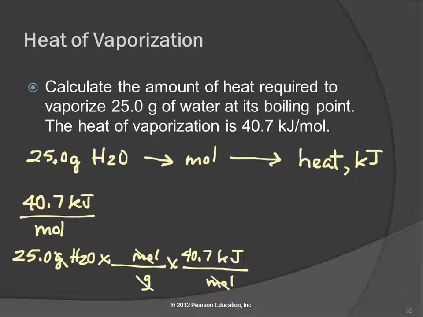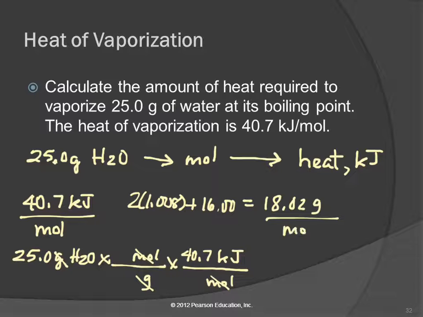What do I need to look at to find that? I need the periodic table, right? And the formula. We've got 2 hydrogens and 1 oxygen. So 2 times the mass of hydrogen from the periodic table plus the mass of oxygen. And that comes out to 18.02 grams per mole. So that's 1 mole is equal to 18.02 grams.